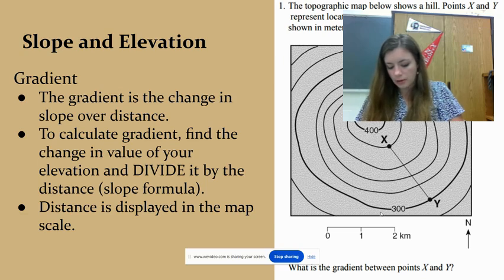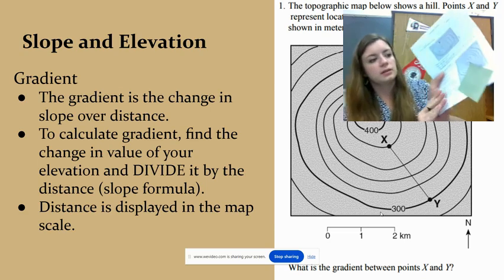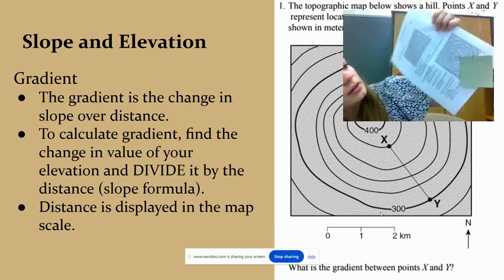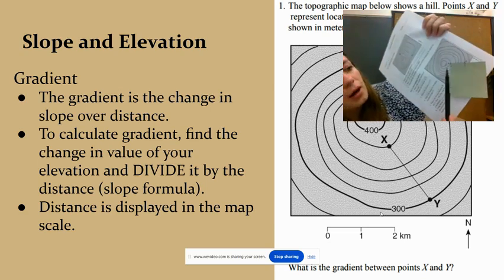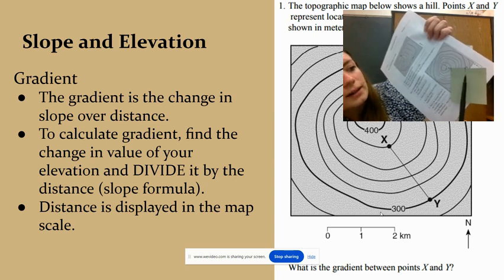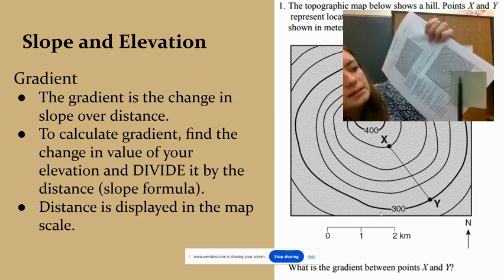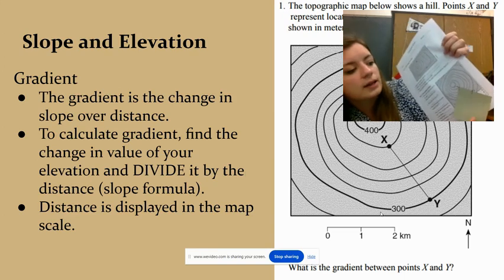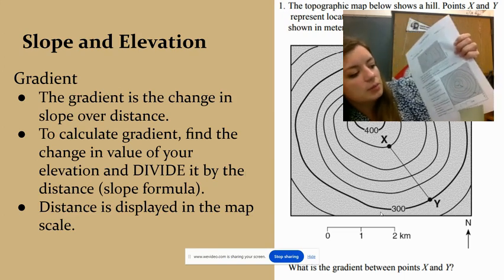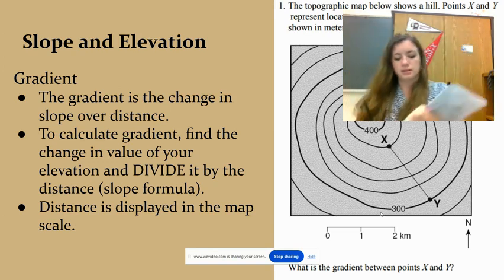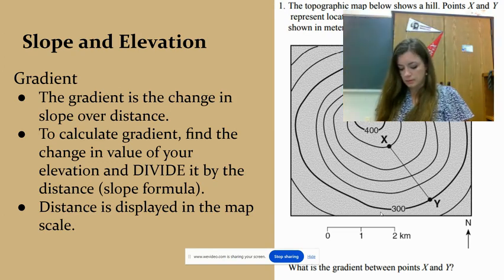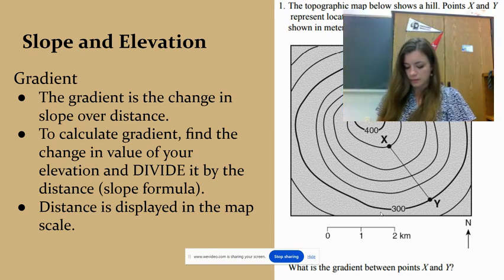I'm going to make a mark on my sticky note that says X and Y, so I can see this is the distance between X and Y. Then I'm going to remove it and place it on my map scale. Let me stick that so it's a little bit cleaner.